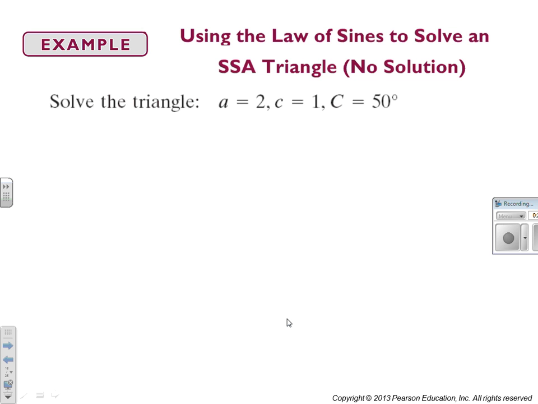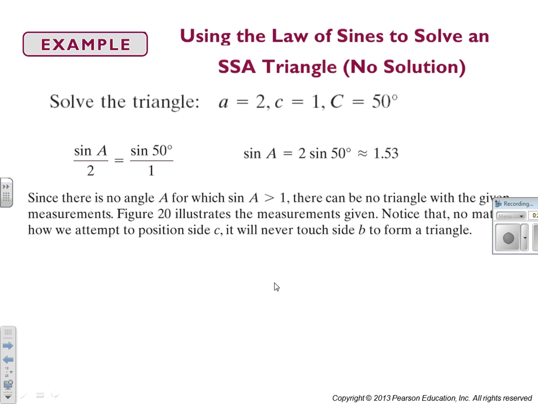Let's just roll this out. Sine A over 2 equals sine of 50 degrees over 1. Cross multiply. Take the inverse sine, and I get, so I go 1.2 sine 50. Oops. So I take the inverse sine of the answer, and I get no solution.